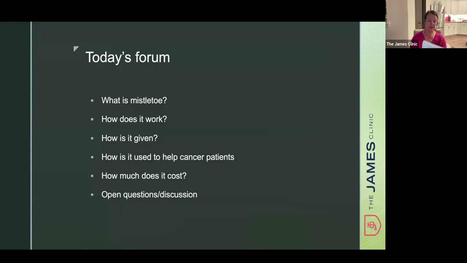But I want to read this part. Mistletoe therapy came out of anthroposophical medicine, which had its origin with the Austrian spiritual scientist Rudolf Steiner, 1861 to 1925, and today in clinics and institutions throughout the world. Steiner's approach is based on classical, natural scientific medicine. It supplements its methods with spiritual, scientific knowledge concerning the soul of the individual personality of the human being.